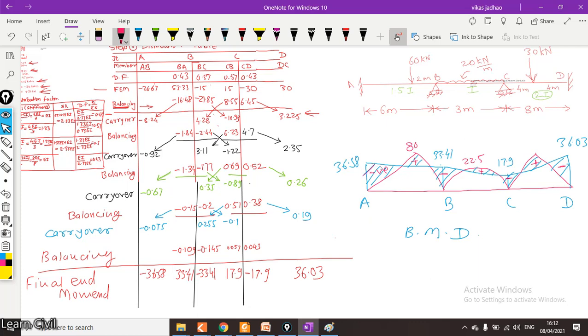For the negative portion, I will draw this with pink hatches. So this is the final bending moment diagram for this particular problem.